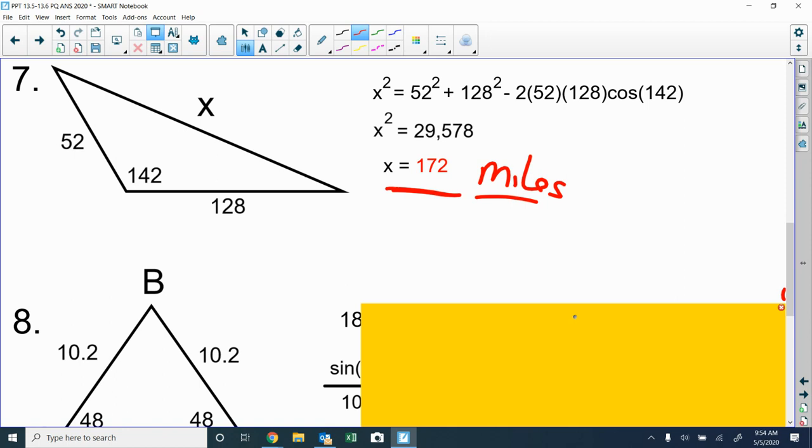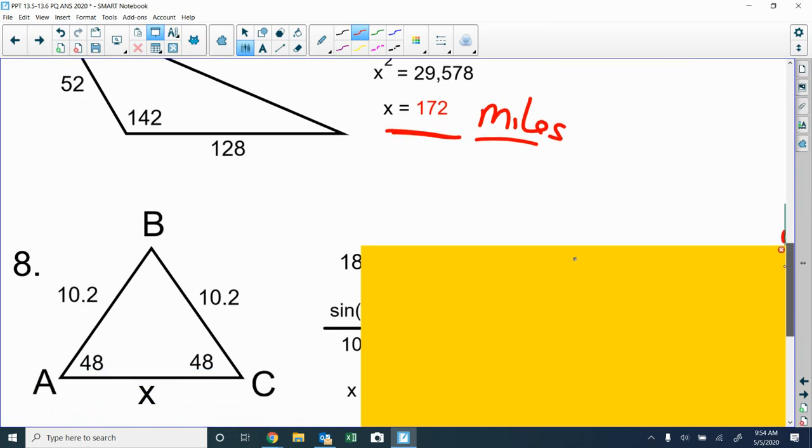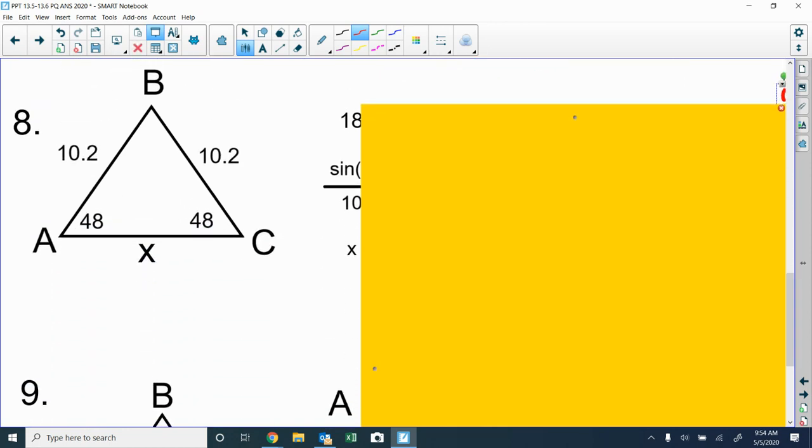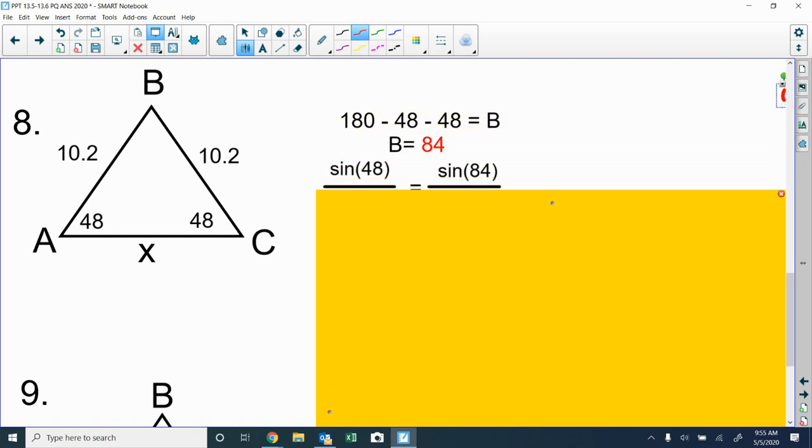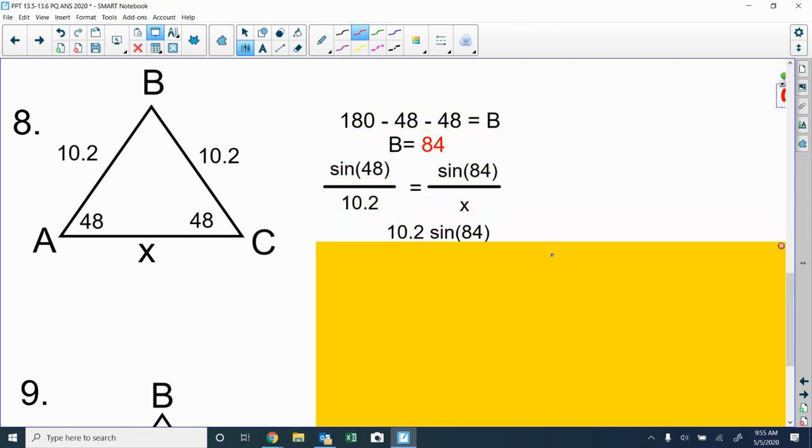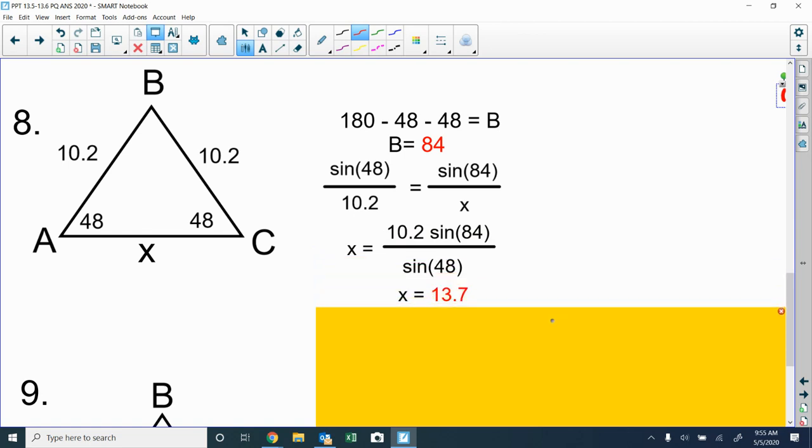All right, number 8. Again, a little bit of an application problem. We set this up. We got an isosceles triangle, and then just set yourself up a little diagram there. 48 looks like a pretty simple straight up. We can use knowing that the interior angles have to add up to 180.